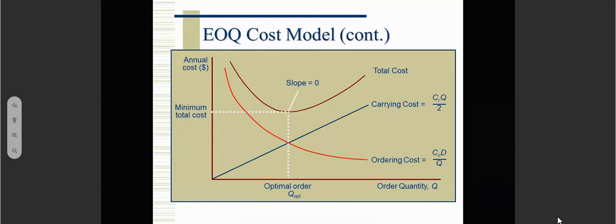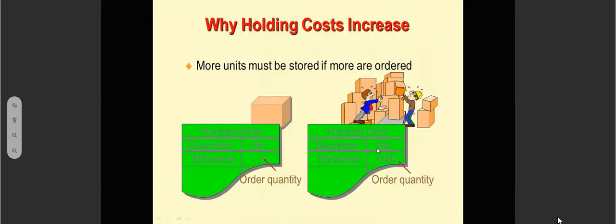As we know, the ordering cost has a negative relationship with the order quantity, and meanwhile the carrying cost has a positive relationship with the order quantity.